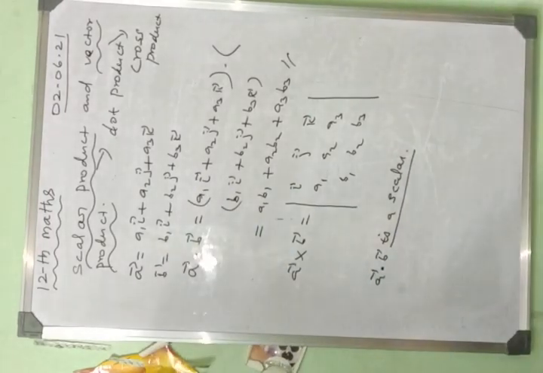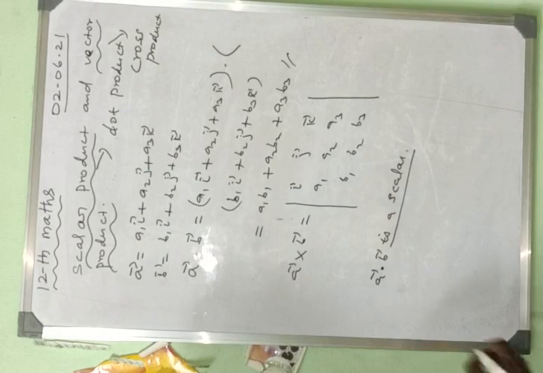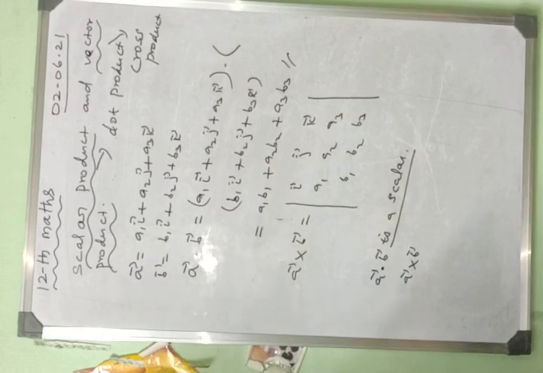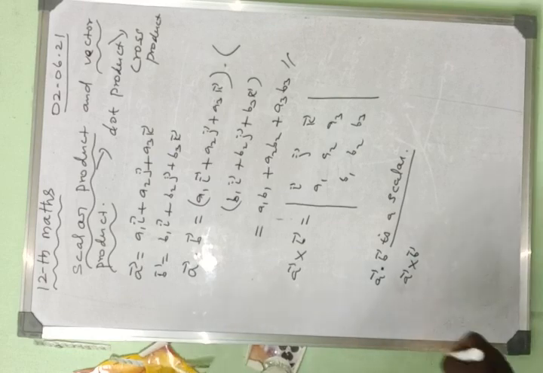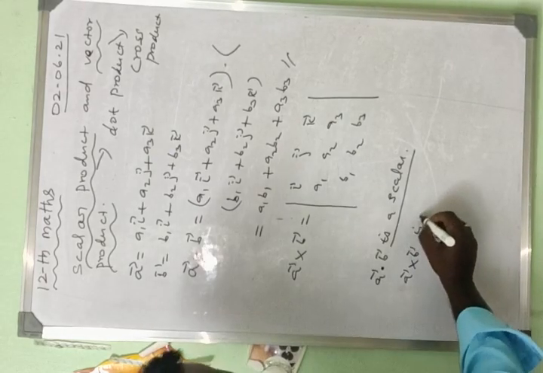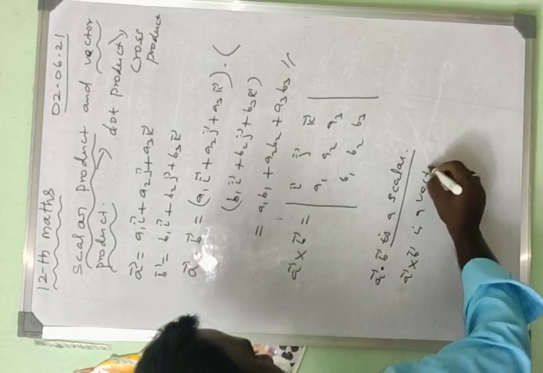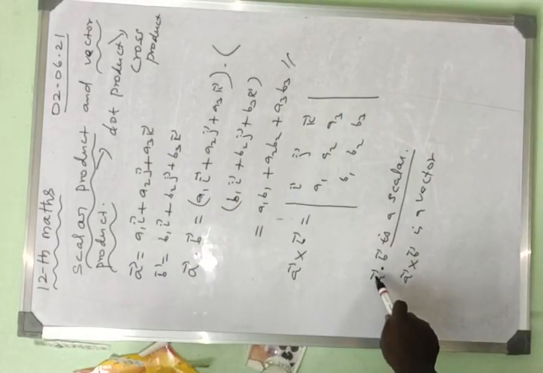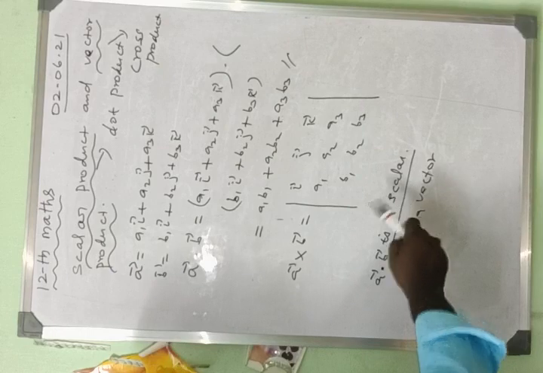You must say scalar. Any two vectors with a dot product give a scalar, one value only.